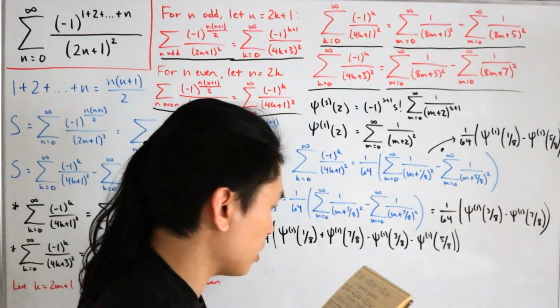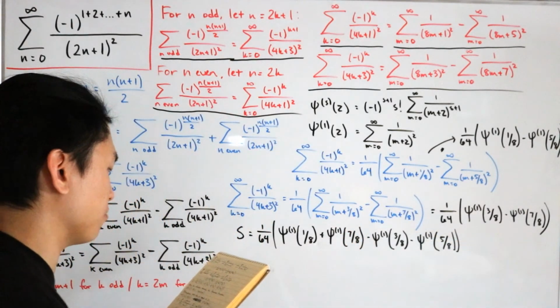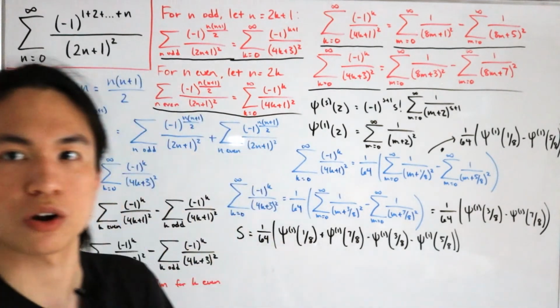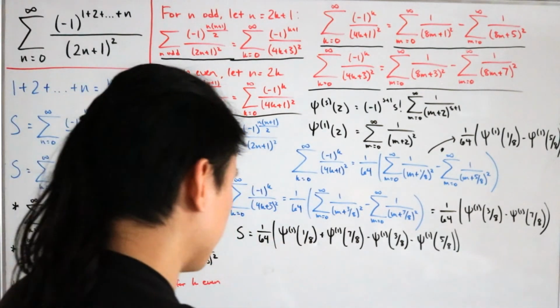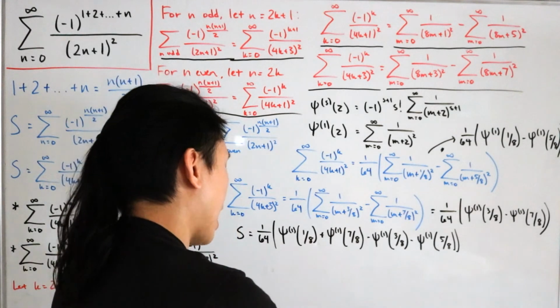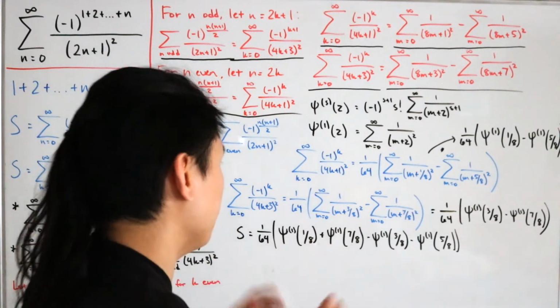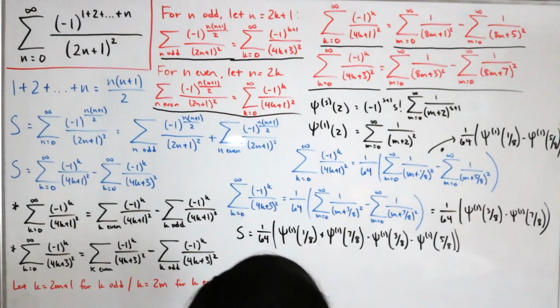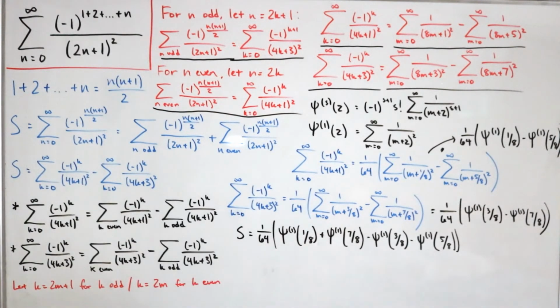Now you might be thinking, how can we further evaluate this from here? Well, we'll be using one formula, and after using that formula, we can do a little bit of differentiation. Right here, we'll be using the reflection formula for the digamma function, which says that psi of 1 minus z minus psi of z is going to equal pi times cotangent of pi times z.